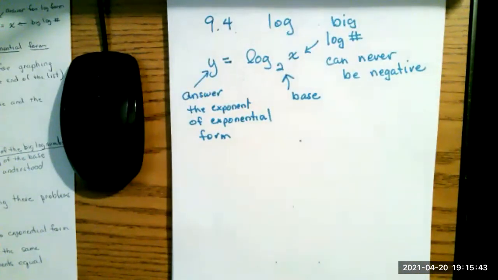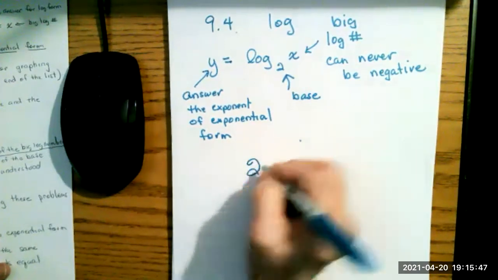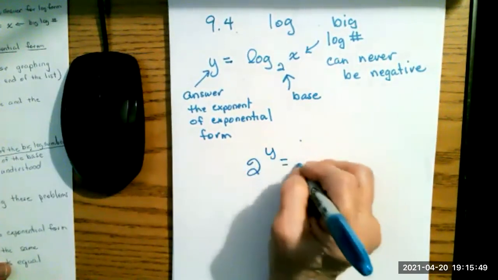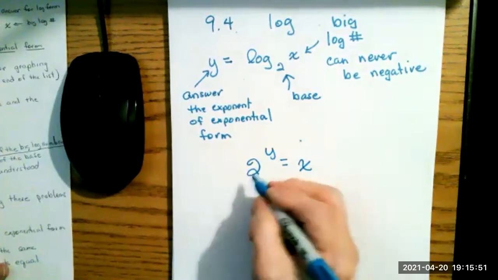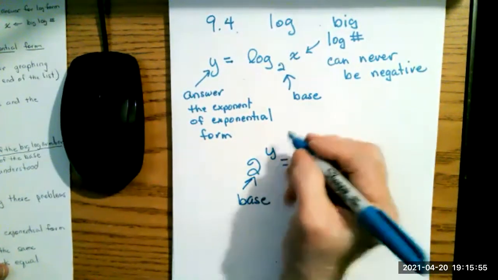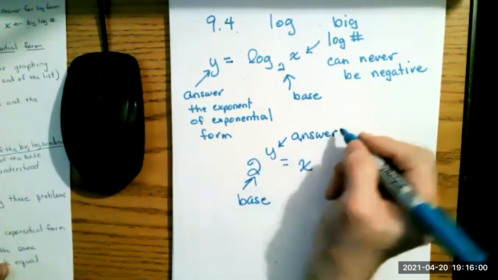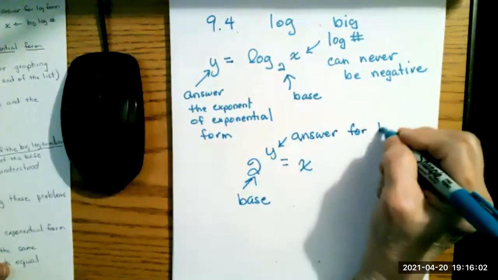Okay. Let's go to the other form. The other form is 2 to the y equals x. Again, the 2 is the base. The y is the answer for log form.